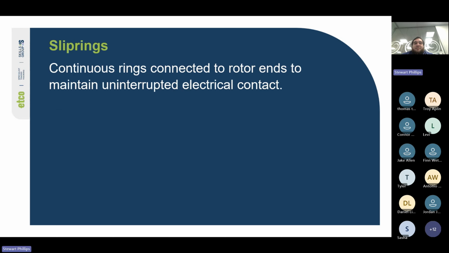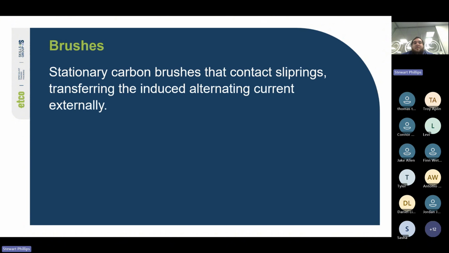You've got your slip rings. They're continuous rings connected to rotor ends to maintain uninterrupted electrical contact. And just like your generator, you've got brushes, which are stationary carbon brushes that make contact with the slip rings, transferring the induced alternating current externally.